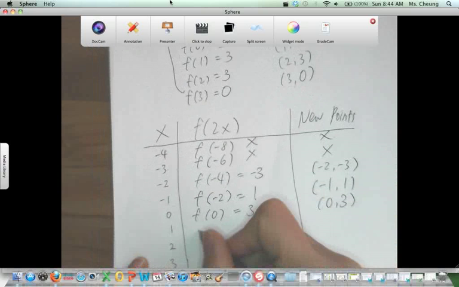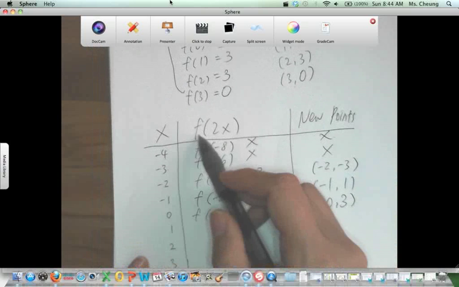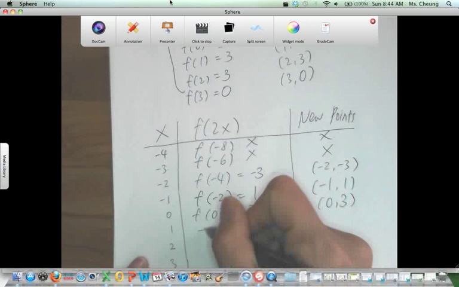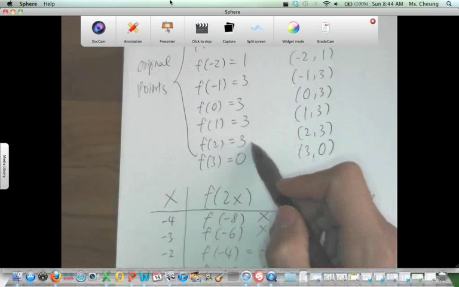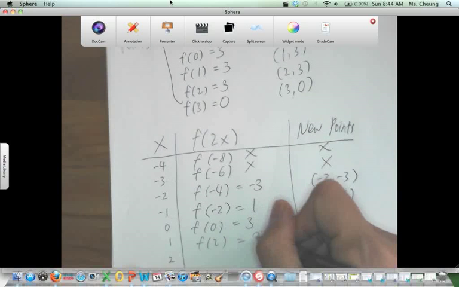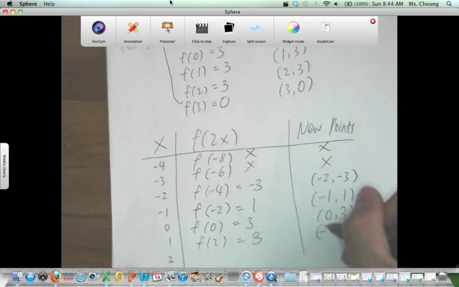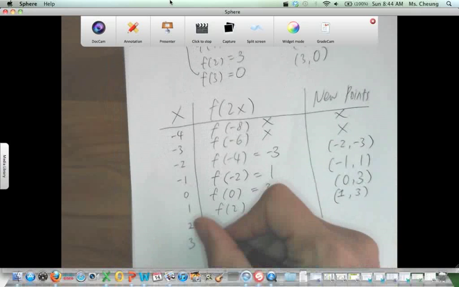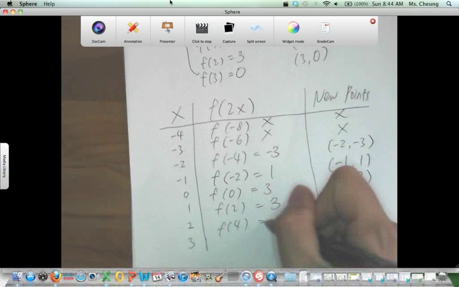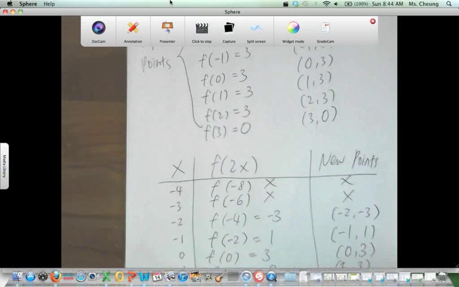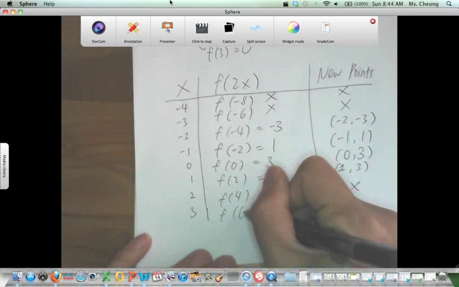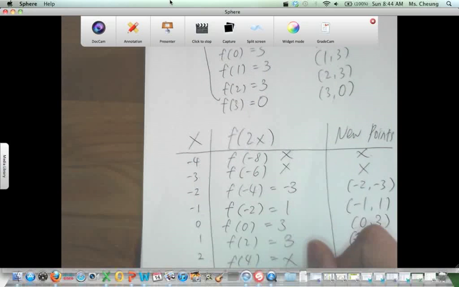The next one, 1. So f of 2 times 1 becomes f of 2, and the y coordinate will be 3. So I'm going to have 1, 3. Then 2 gives f of 4, because 2 times 2, which is undefined, no point. F of 6 is also undefined, no point.